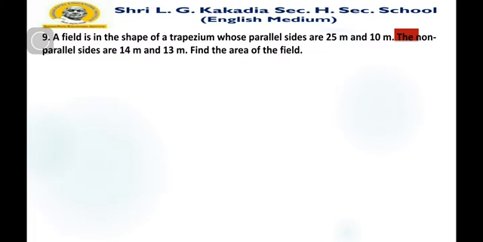Now example number 9. A field is in the shape of a trapezium whose parallel sides are 25 meter and 10 meter. The non-parallel sides are 14 and 13 meter. Find the area of the field. Let us consider the figure.